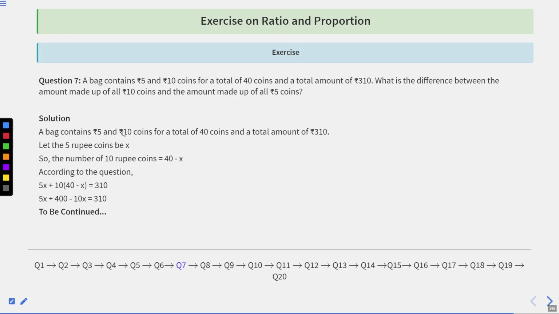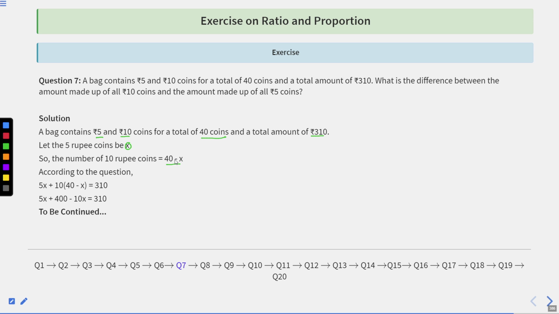Let us have a look at the solution. A bag contains 5 rupee and 10 rupee coins for a total of 40 coins and the amount is 310. Let the number of 5 rupee coins be x and the number of 10 rupee coins be 40 minus x, because there are 40 coins in total.